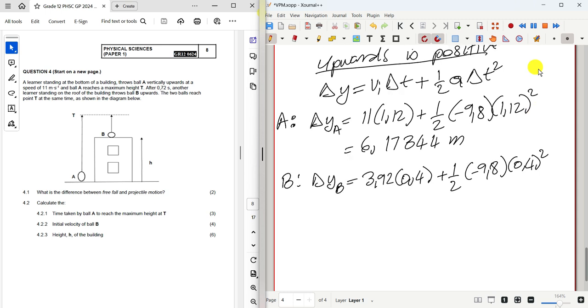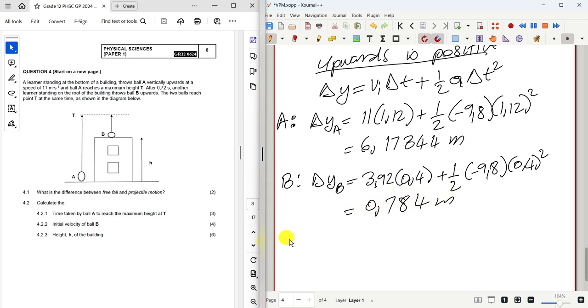That's it. 3.92 times 0.4 minus 4.9 times 0.4 squared. It is 0.784. So this is 0.784 meters.